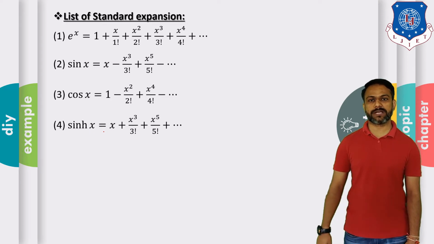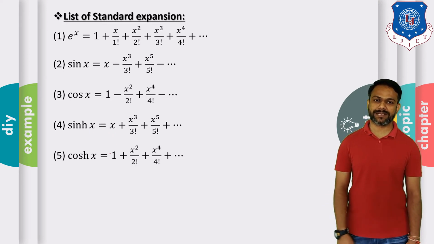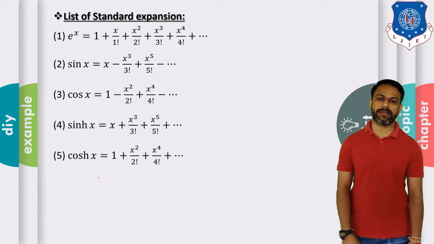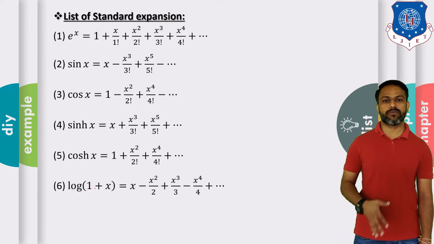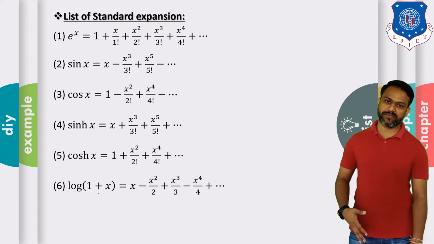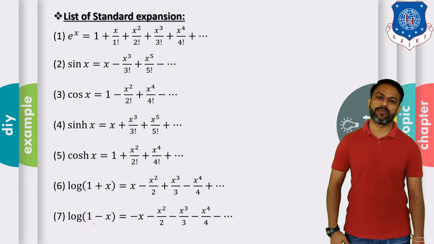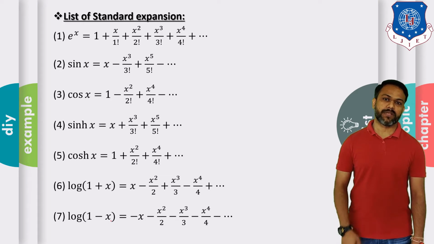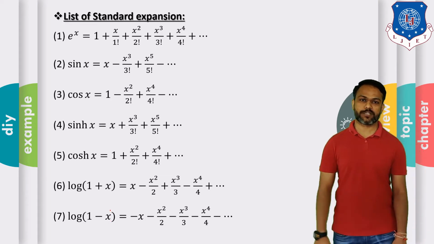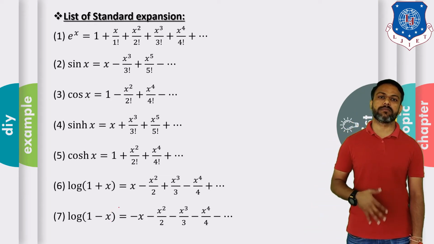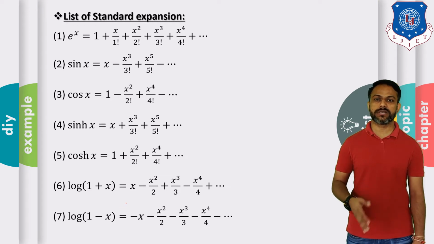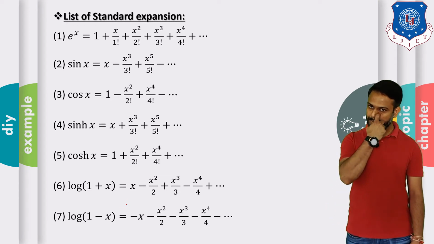Fifth, we have expansion of cos hyperbolic x. Sixth, we have expansion of log 1 plus x. Seventh, we have the standard expansion of log of 1 minus x. So these are the list of standard expansions which we will use in today's examples.